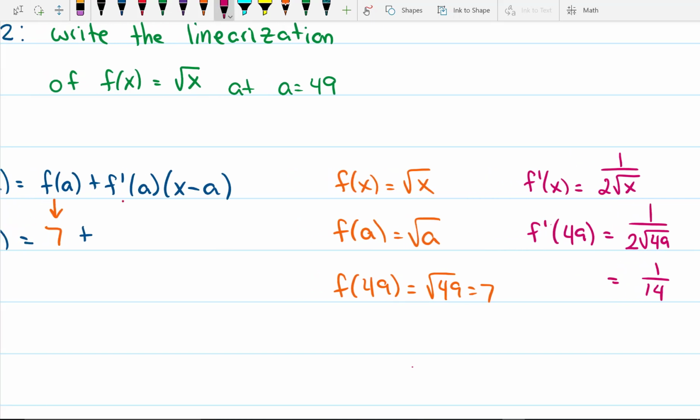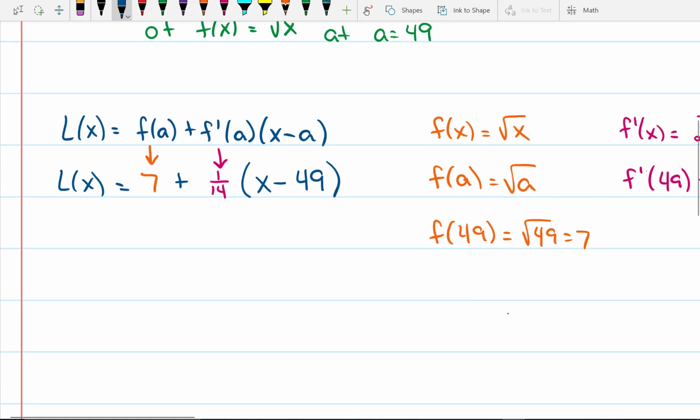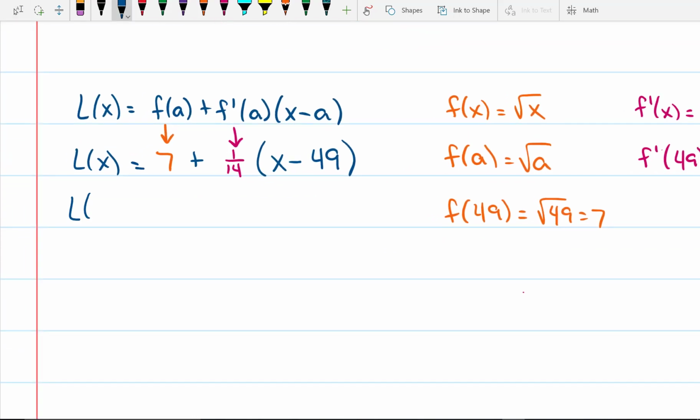So f prime of a then is 1 over 14 times x minus 49. So our general formula for L of x then is 7 plus 1 over 14 times x minus 49.